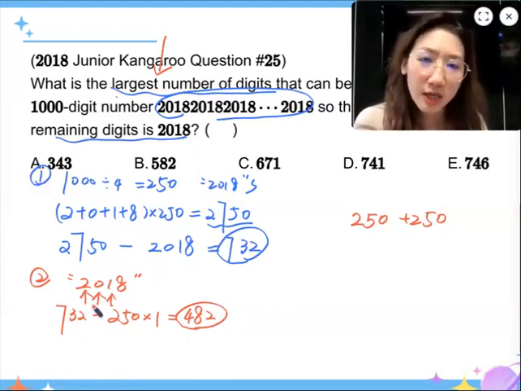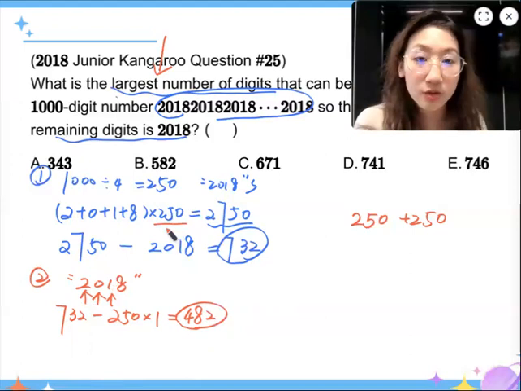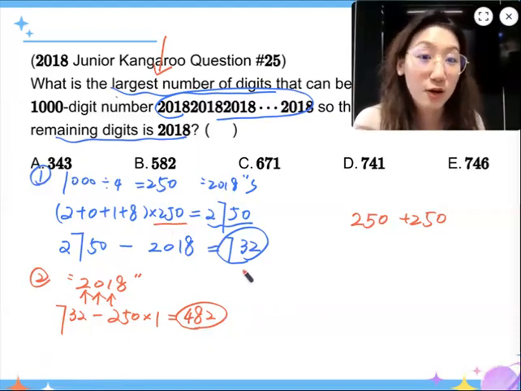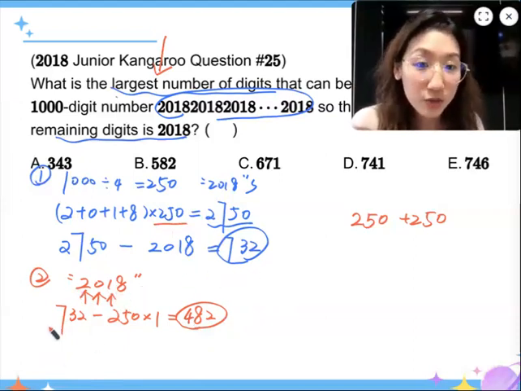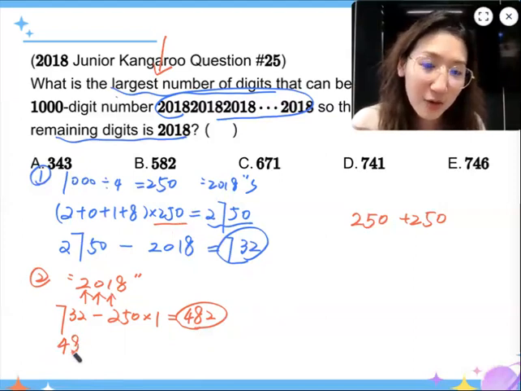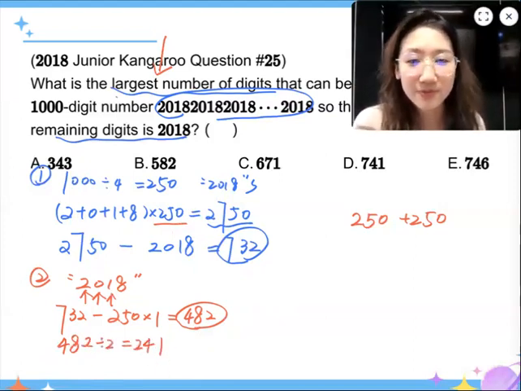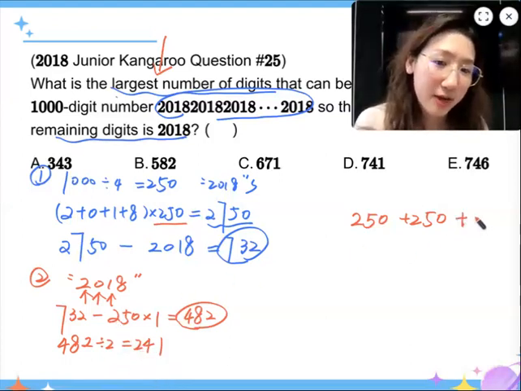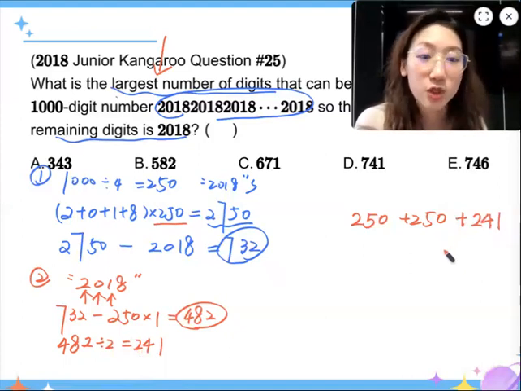Again, there are 250 groups, so there are 250 2s. That can give you 500, so we can achieve our goal with just erasing 2s. How many 2s are we going to erase? You can just do 482 divided by 2, and that gives you 241. So for the final step, we are going to erase 241 2s.